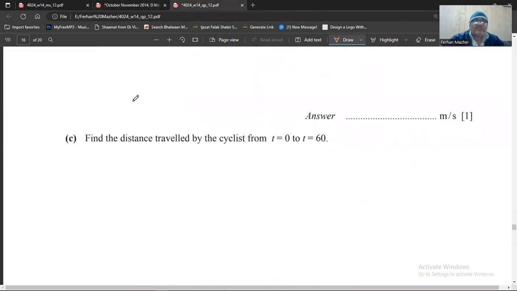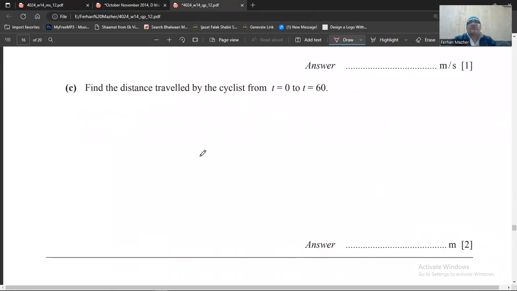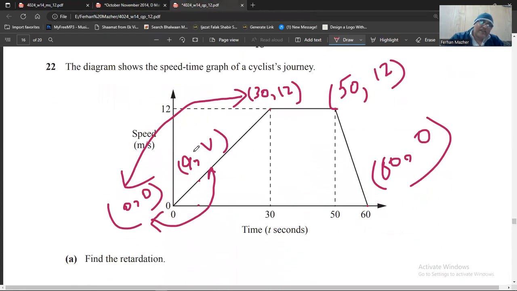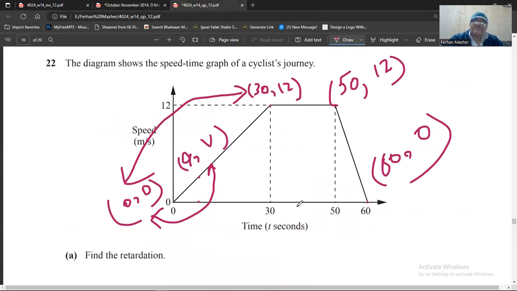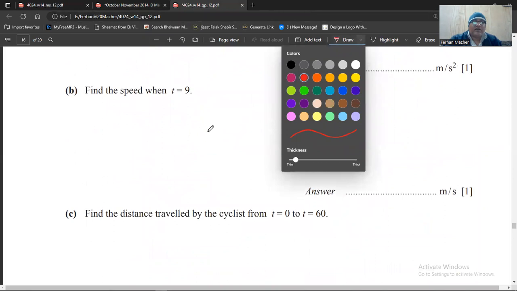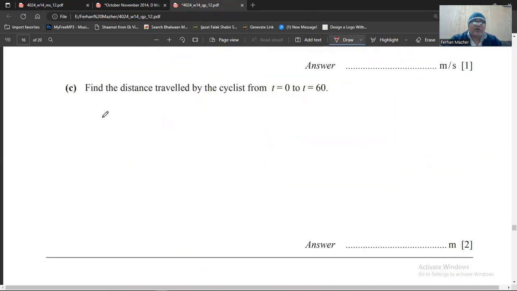Okay, so the next question is: find the distance traveled by the cyclist from t equals 0 to t equals 60. So the area under the graph is equal to the distance traveled. It's a trapezium, and you remember the formula for the trapezium is 1 by 2 into the height into the sum of the parallel sides.